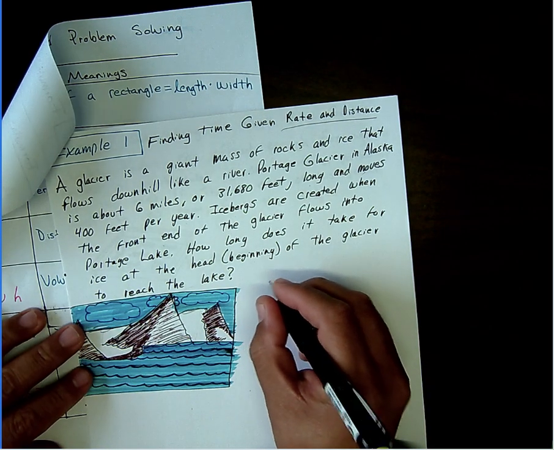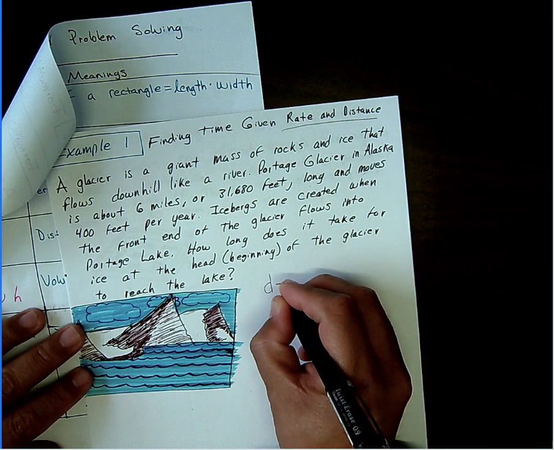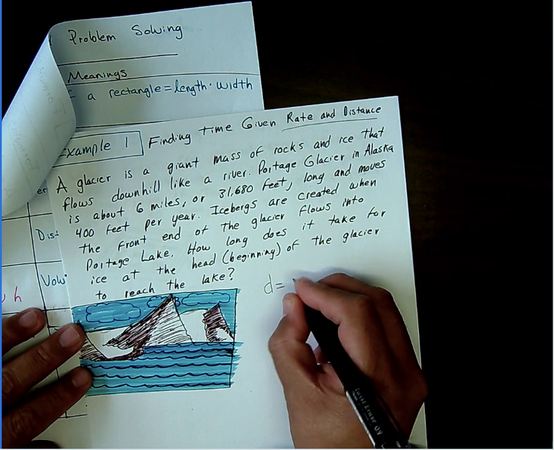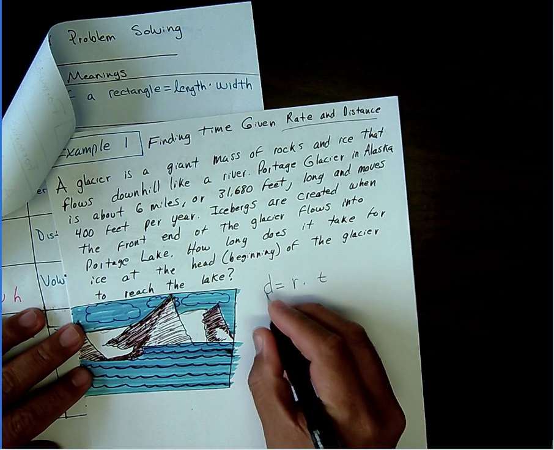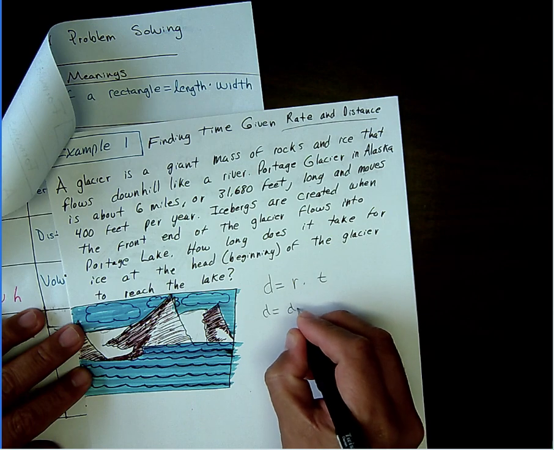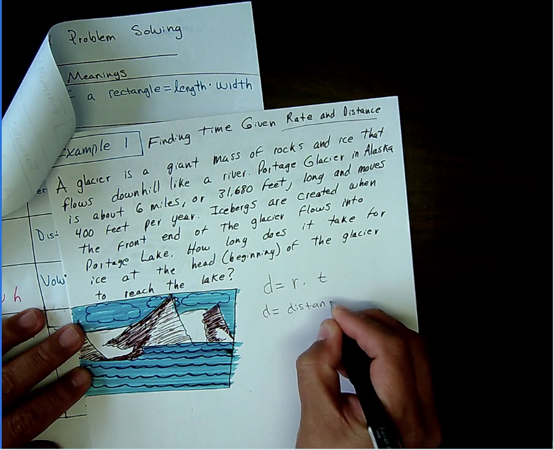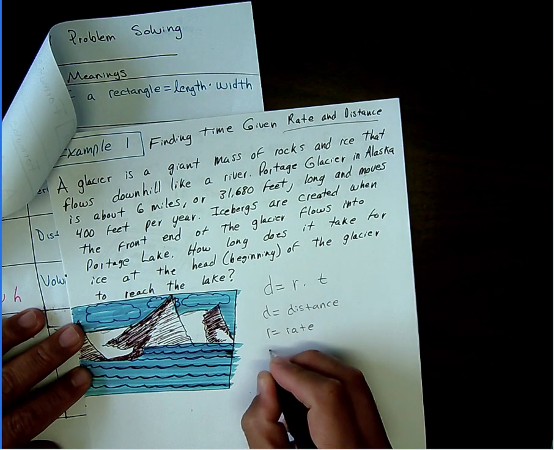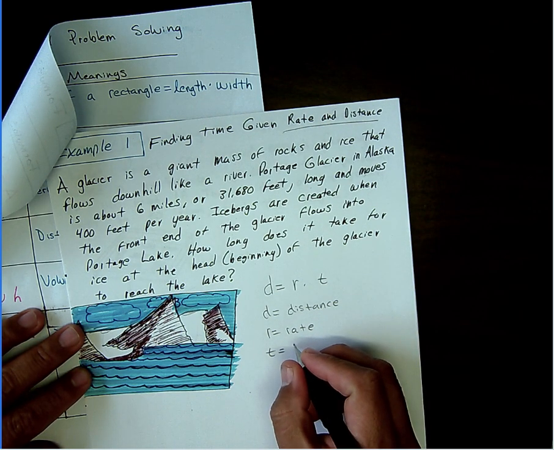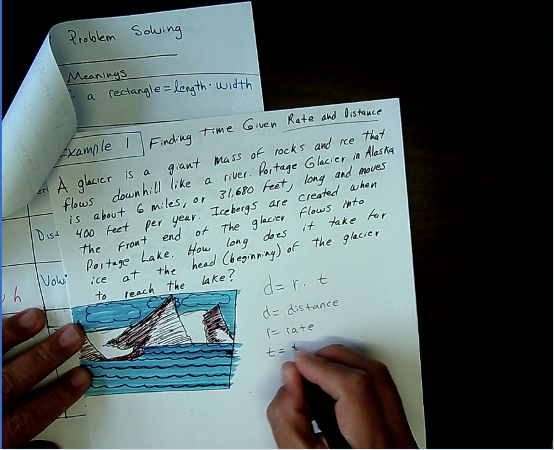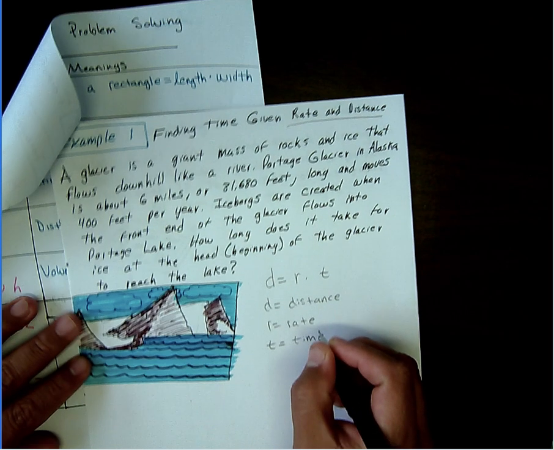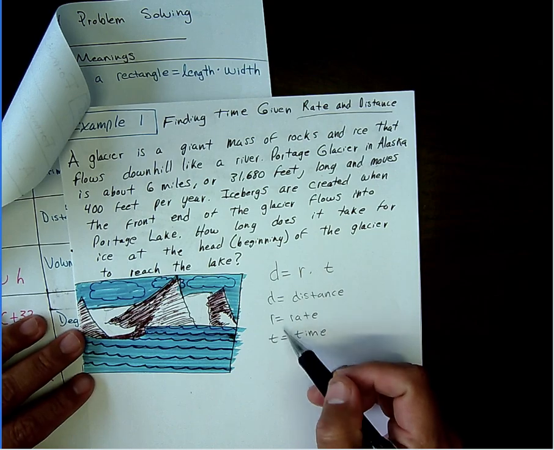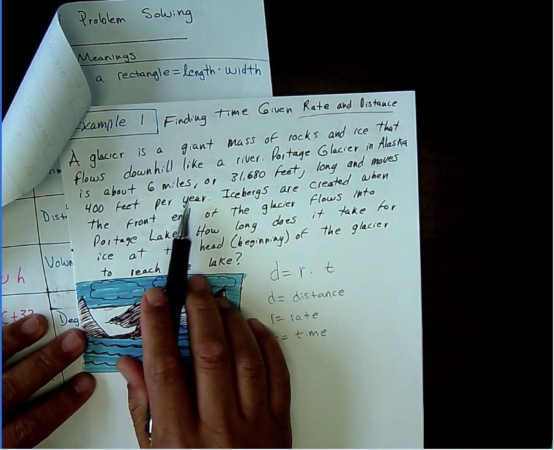So we're going to be using D, R, and T. So remember, D would be distance, the R is the rate, and the T is the time. Okay, so we need to identify this from here.